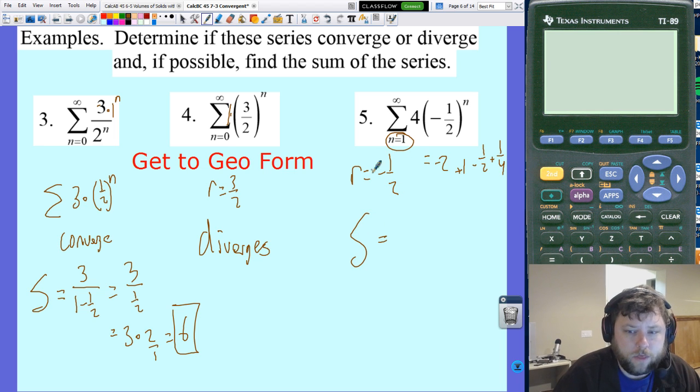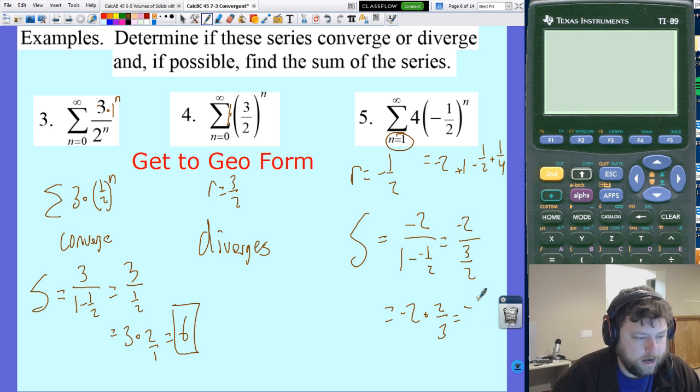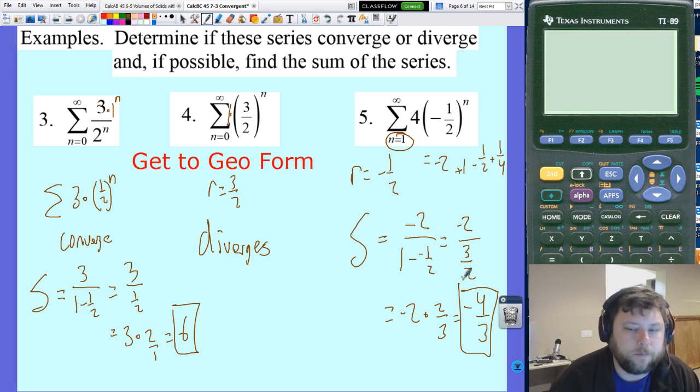So you know it's going to converge because r is negative 1/2, and the sum is going to be negative 2 over 1 minus negative 1/2, which is negative 2 over 1 plus 1/2, which is 3/2, so negative 2 times the reciprocal 2/3, which is negative 4/3. And that's the sum of that infinite series. So again: converge, diverge, converge, and here's what it converges to in those cases.